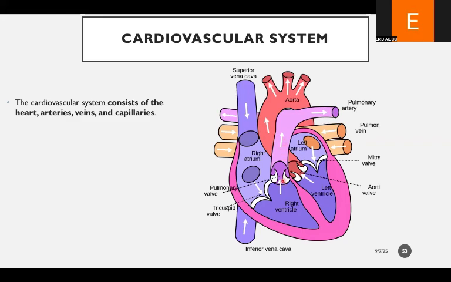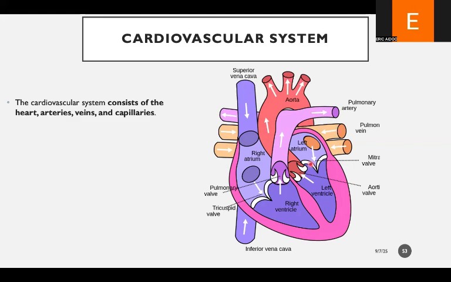So the arrow tells you that it is going out of the heart. Then also the pulmonary veins, one on the left and one on the right. So that is also going to come from the lungs, bringing freshly oxygenated blood.